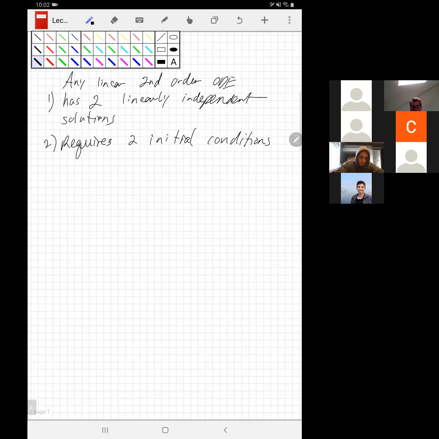Today, I'm going to talk about series solutions to differential equations, writing the solution to an ODE as a series. So we're going to assume that f of z is equal to the sum from n equals 0 to infinity of a_n z to the n.